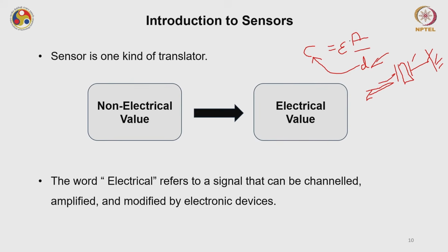This motion is getting converted into a change in capacitance, and this reflects as a change in voltage at the output. Now the change in voltage can be calculated. If the change in voltage is very small, you can have different amplification sections after this sensor. That's why I mentioned that a sensor is one kind of translator.